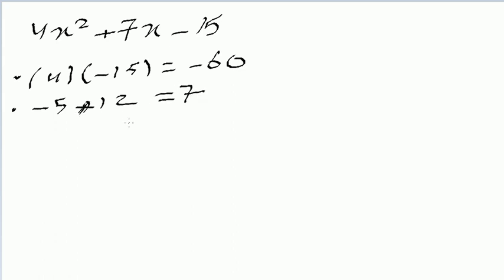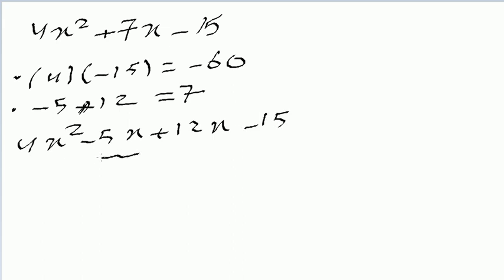The third step is to rewrite this as 4x squared minus 5x plus 12x minus 15. Then group these two together and these two together, okay?